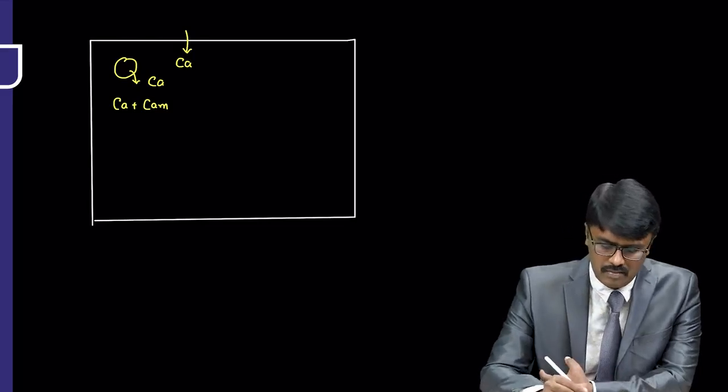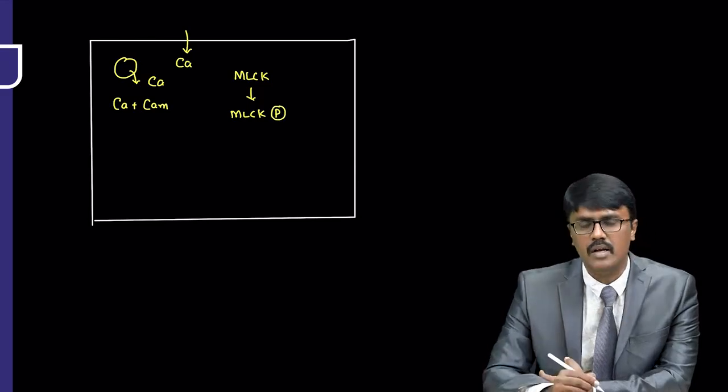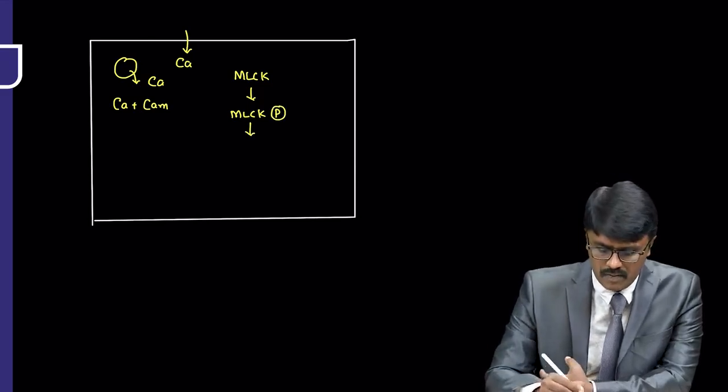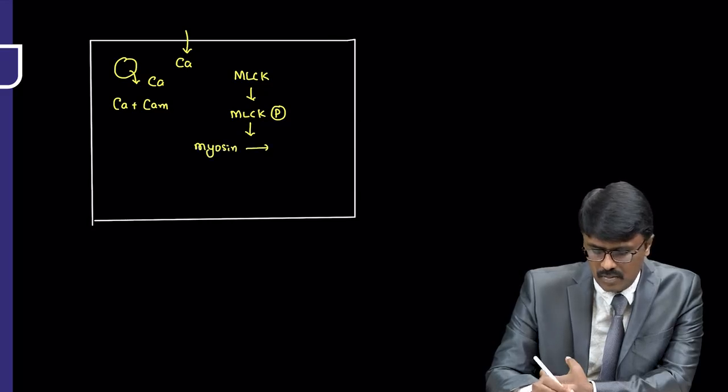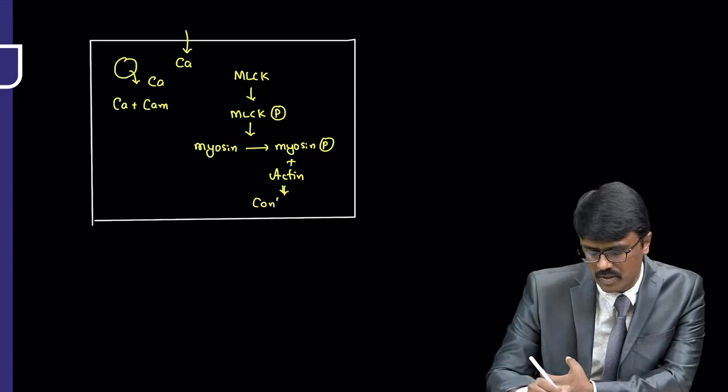Now there is myosin light chain kinase, and that will undergo phosphorylation. Now this phosphorylation will convert myosin into myosin phosphorylated, and this will combine with actin, and that will cause contraction of smooth muscle.